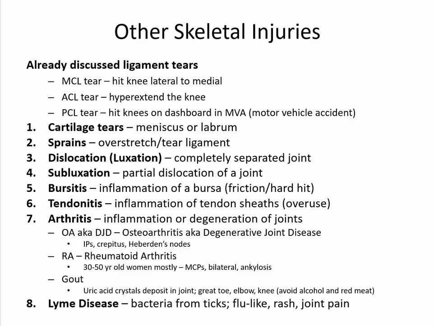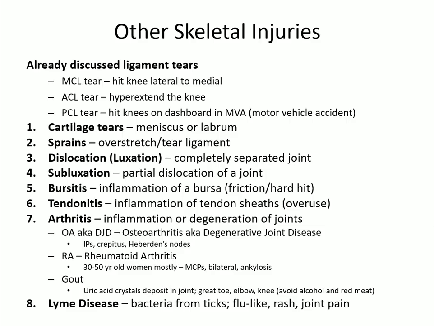Dislocation or luxation. Luxation is what we used to call it, but pretty much that has stayed in the past. We literally only call them dislocations now, and that is a complete separation of a joint. So like we talked about dislocating our ball and socket just a minute ago, where we don't have any protection in the front of our armpit region, right? That's a completely separated joint. That's a dislocation.